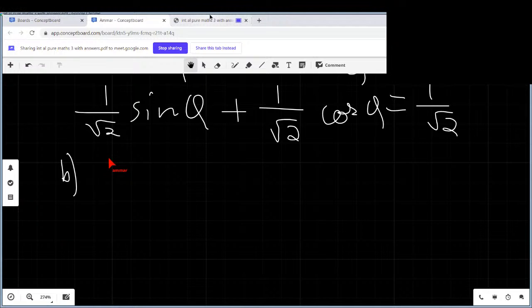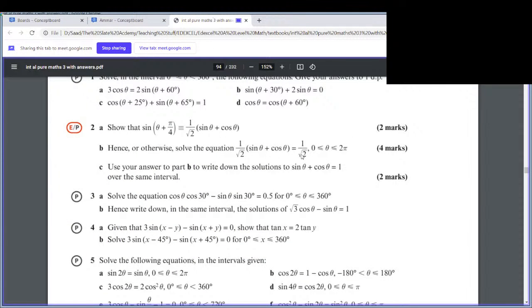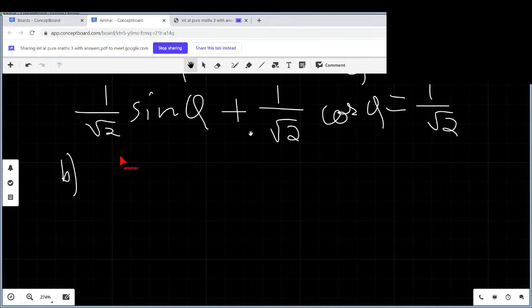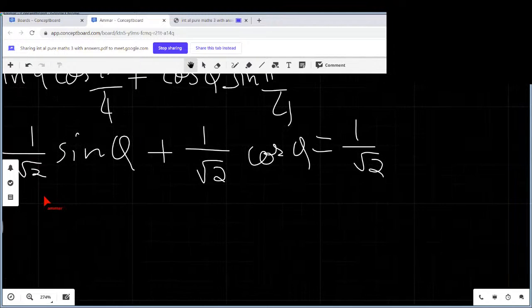How does it become 1 over root 2? How does this whole thing get reduced to 1 by root 2? It is equal to 1 by root 2 cos theta plus sine theta, right?